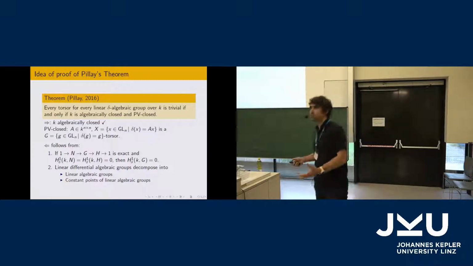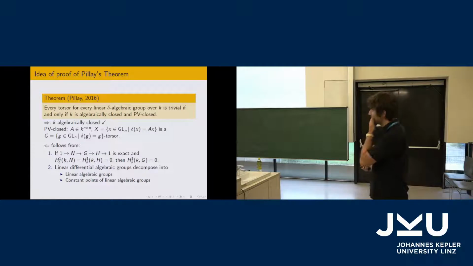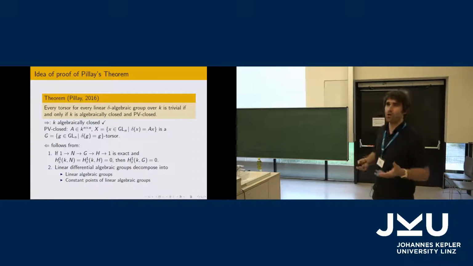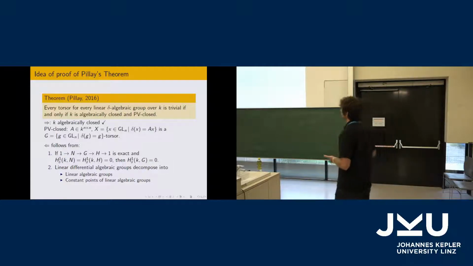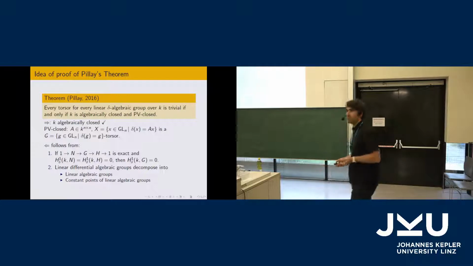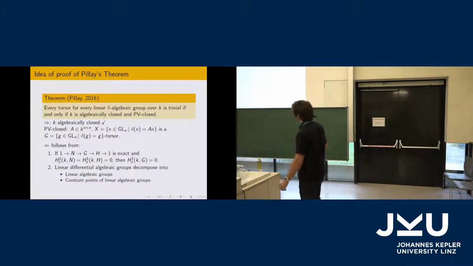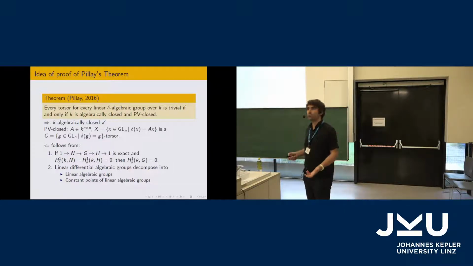And so there's two steps. The first step is that there's a long exact sequence in cohomology, and from that long exact sequence it follows that whenever you have a short exact sequence of linear differential algebraic groups, such that all torsors for N are trivial and all torsors for H are trivial, then also all torsors for G are trivial.